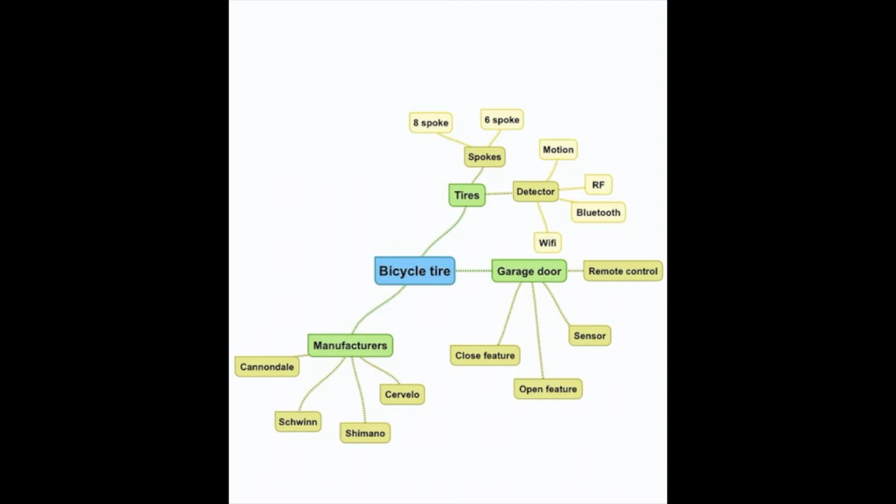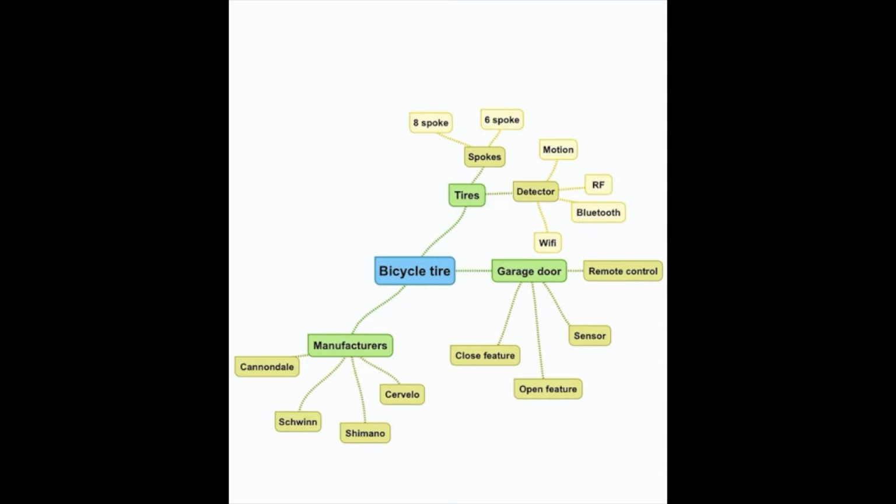I broke down the garage door and the remote control feature, possibly the sensor opening and closing the device, and then the different manufacturers, because they probably have some patents in this area that we could look through.